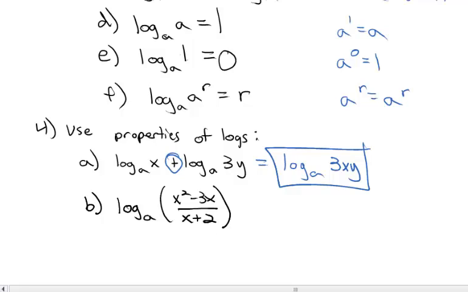Now, one thing I want to notice is that the numerator can be factored. That numerator has a common factor in it. So what we really have is log base a of x times x minus 3 over x plus 2.